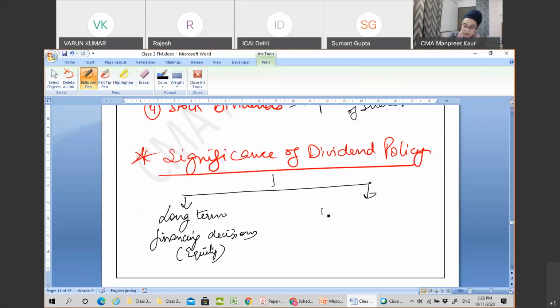Second is wealth maximization decision. इन दो टर्म्स पे हमारी डिविडेंड पॉलिसी का इम्पोर्टेंट रोल है, ताकि हम लॉन्ग टर्म फाइनेंसिंग डिसीजंस ले सकें और अपनी वेल्थ मैक्सिमाइजेशन डिसीजंस को ले सकें. This is the significance of dividend policy.